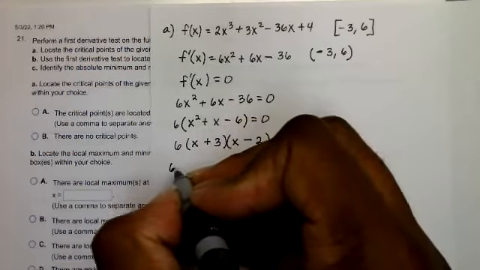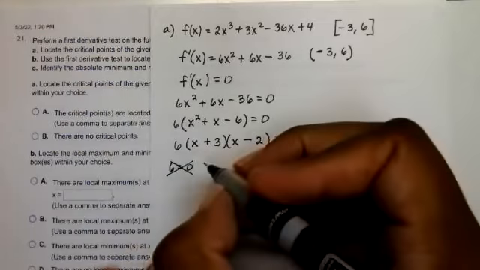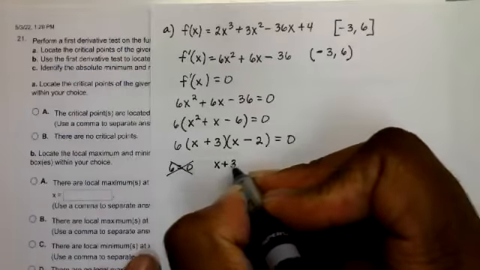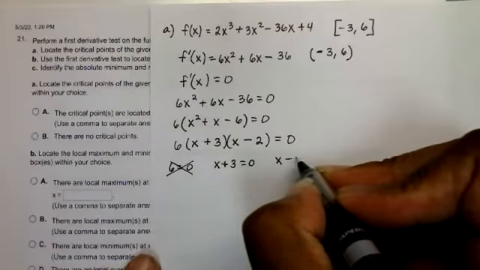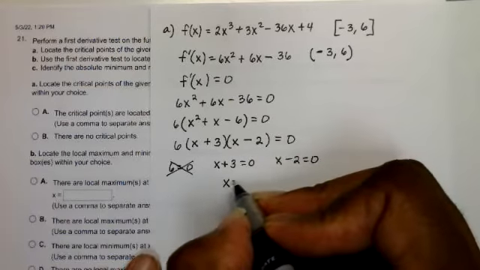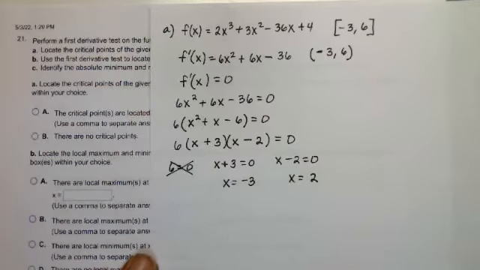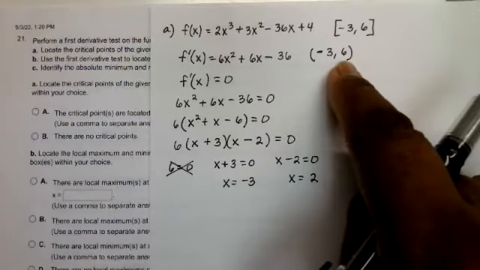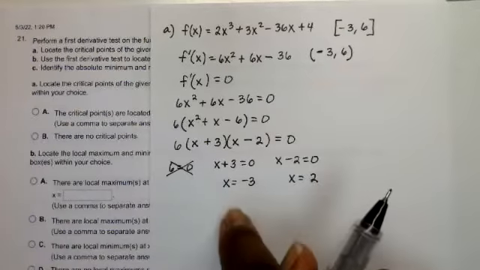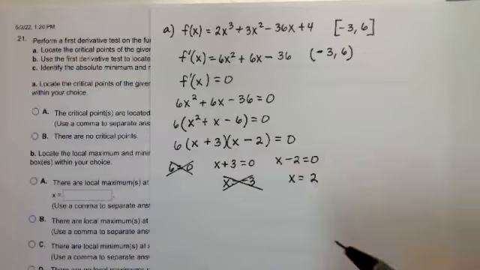Setting each factor equal to 0, 6 equals 0, which I can eliminate because that's a false statement. Then x plus 3 is equal to 0, and x minus 2 is equal to 0. For x plus 3 equals 0, x is equal to -3. And for x minus 2 equals 0, x is equal to 2. However, I need to eliminate any x values that are not in the open interval, -3 to 6. -3 is not in this open interval, so I need to get rid of that.